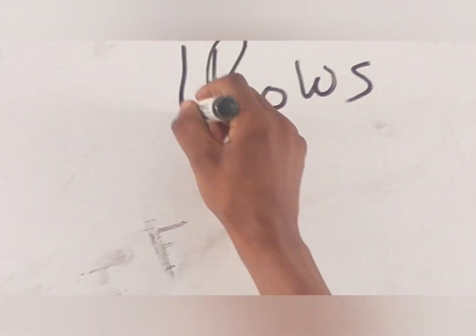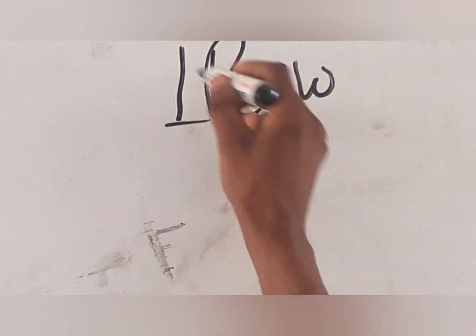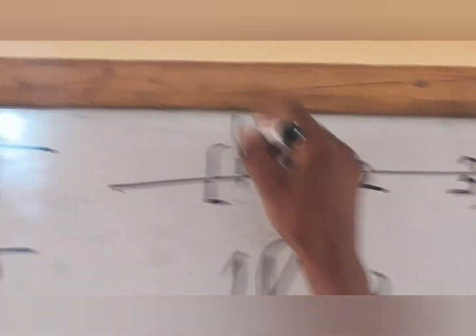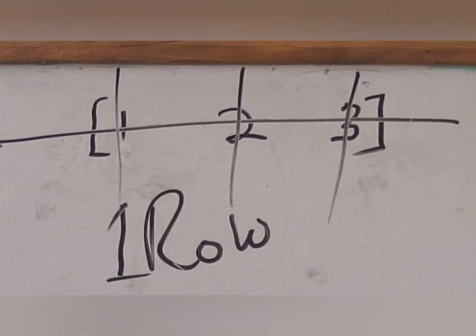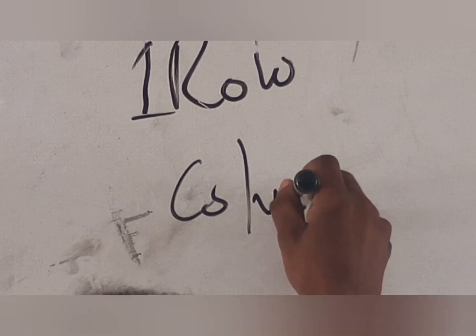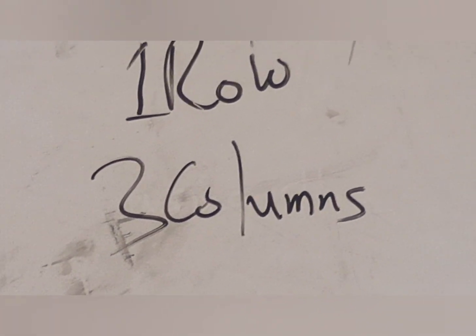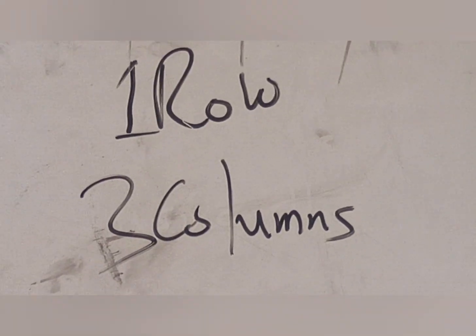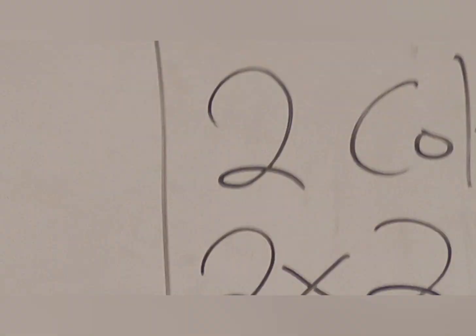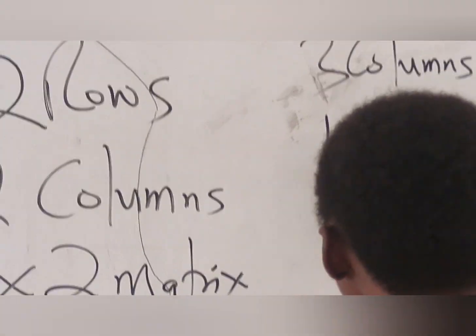That means it has 1 row. And how many times from top to down? 1, 2, 3. So how many columns? 3 columns. So the name is 1 by 3.